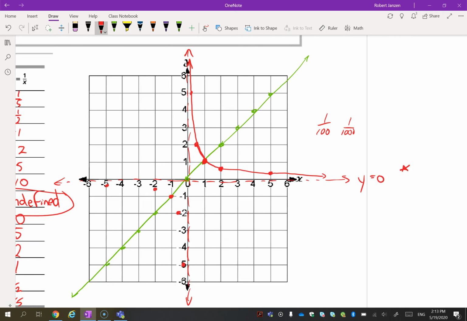And by the way, for grade 11, there will always be a horizontal asymptote at y equals 0. Next year, you'll get something different than y equals 0, but for grade 11, there will always be this asymptote.